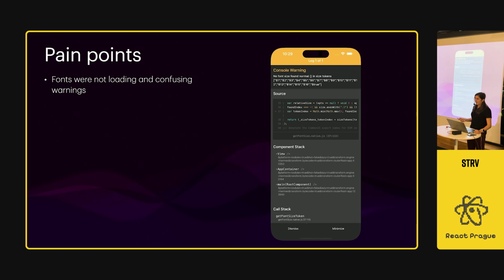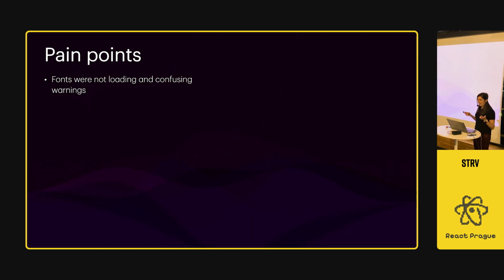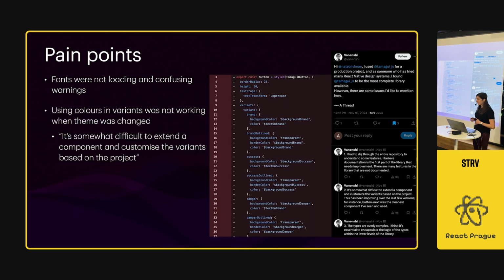But it would never be a React Native development without its challenges. It just never works like it should. So there were a few pain points. At the beginning, fonts were not loading, and the warnings were not comprehensible for me. I didn't know where to look, what to fix. Actually, variants were again not working.